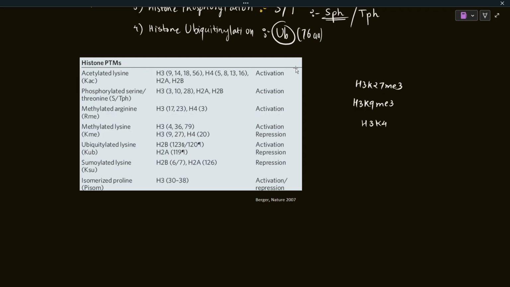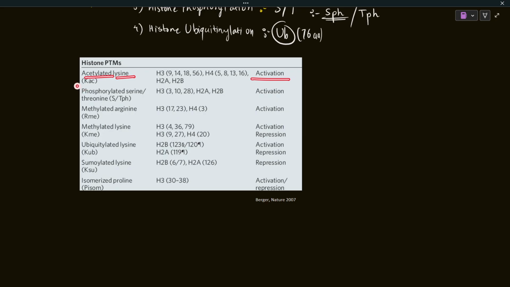You will learn about all of this in detail in the upcoming video lectures. For now, just remember on which residue the modification occurs and whether it is an activating or repressive mark. Let's not worry about which histone and which residue. Just focus that acetylation is done on lysine residue, and it is an activation mark.